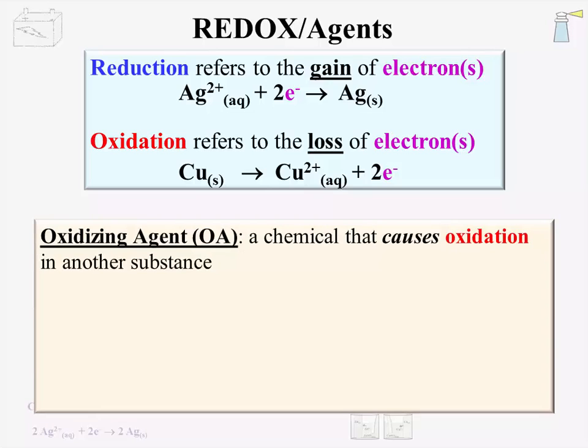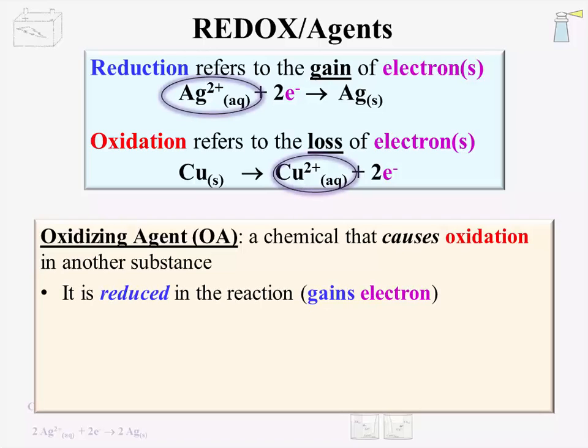Oxidizing agents cause loss by being reduced in the reaction. Reduction is gain. Loss and gain are tied together. In the reaction above, the silver ion and the copper ion are oxidizing agents. They are both reduced. It is not as simple as selecting the reactant or the product. It is whether electrons are gained or lost.